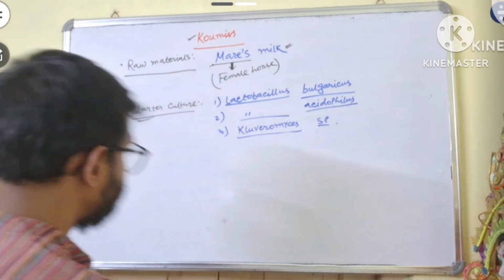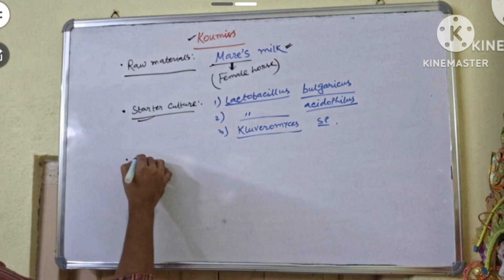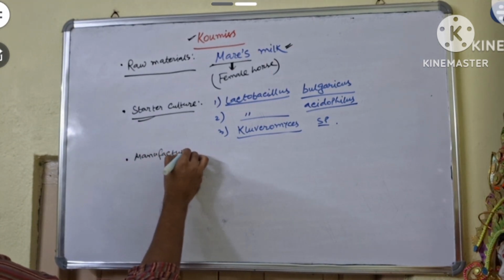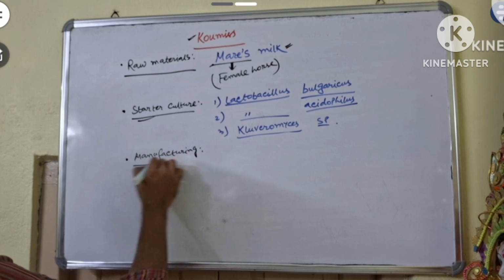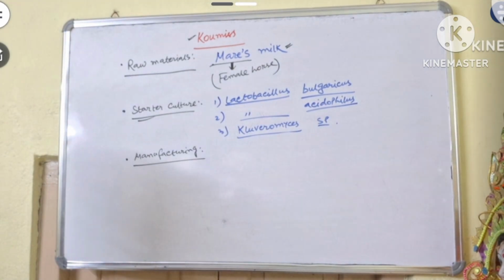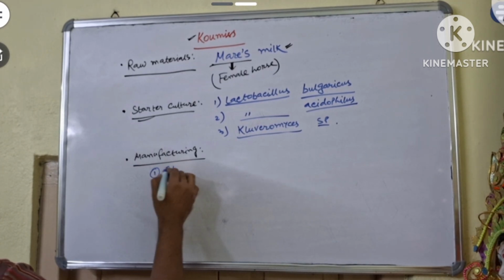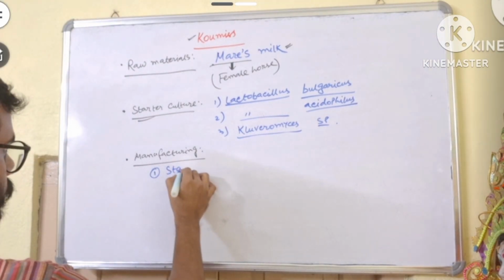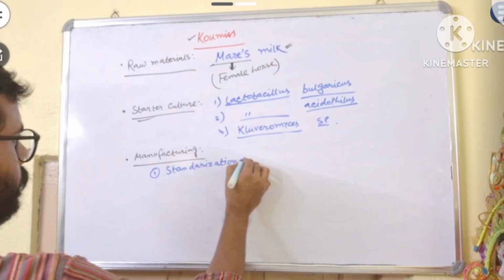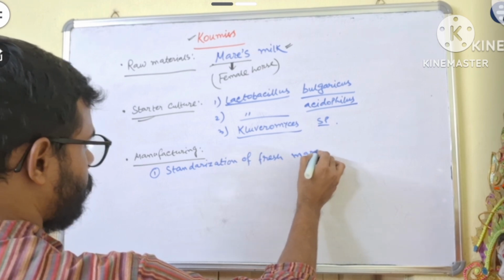Manufacturing steps are the same, just the raw material is different. Number one, standardization of fresh mare's milk. That is important.